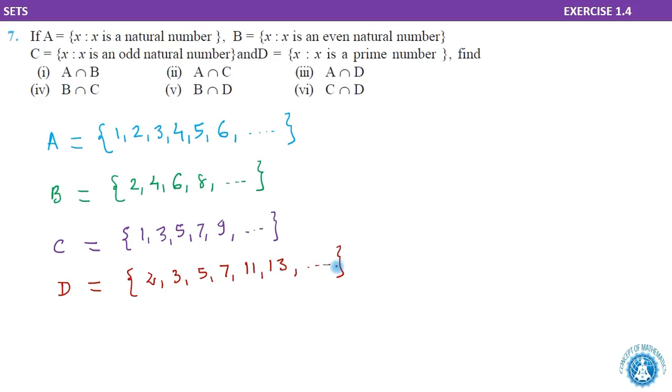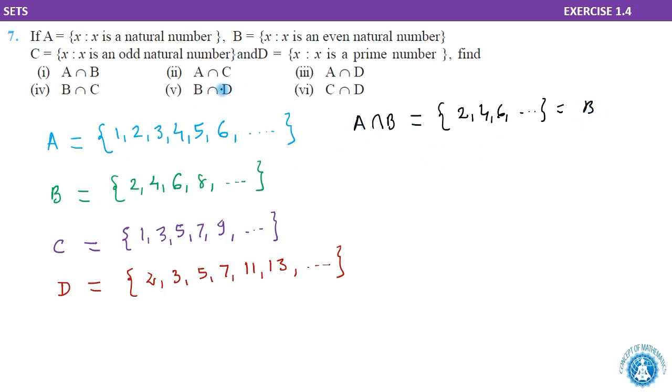So we have to find the intersection of A and B. A intersection B will have only even numbers, 2, 4, 6 and so on, that is equal to B only.